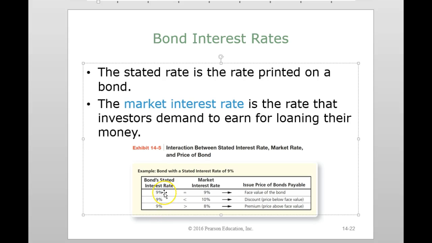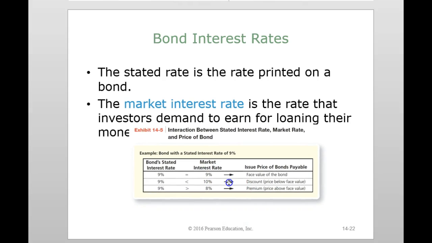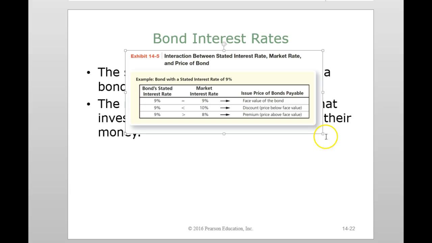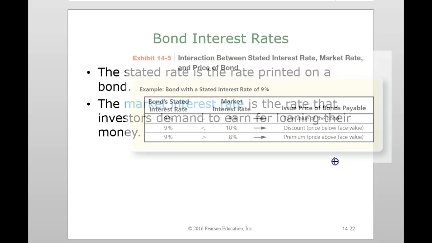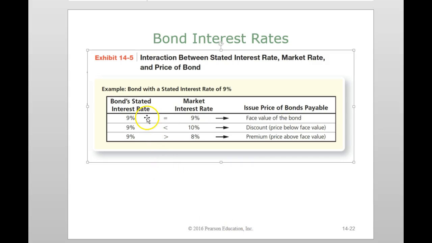This rate never changes here, but the interest rate does change right here. If I can bring this up, I'm going to blow it up so you can see this a lot better. So here you go. You don't have to be squinting. So stated rate does not change, but the market interest rate does. So when the stated rate and the market rate are the same, the face value of the bond is what's stated on the face of it.